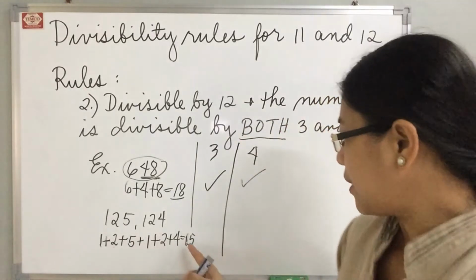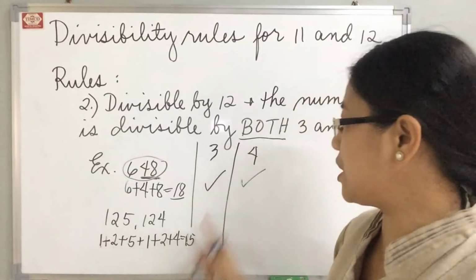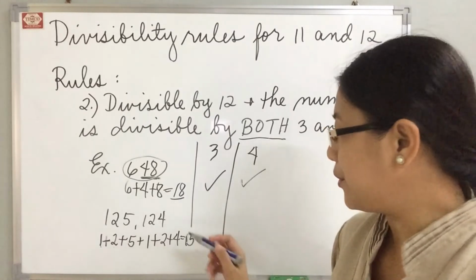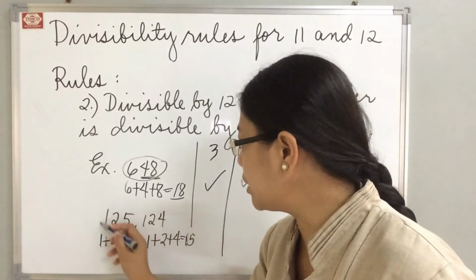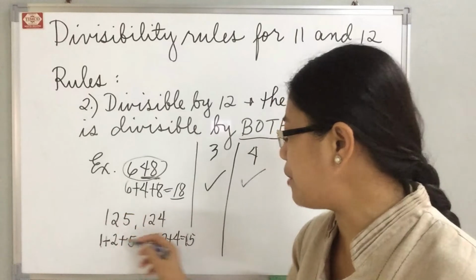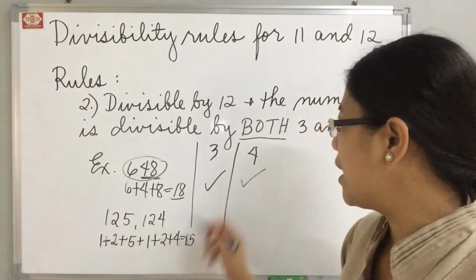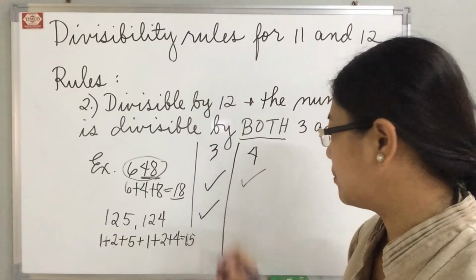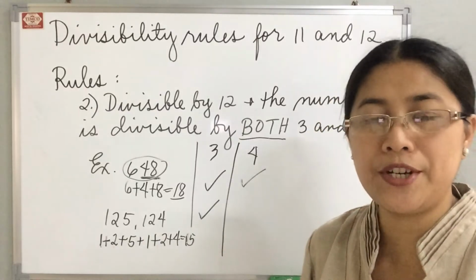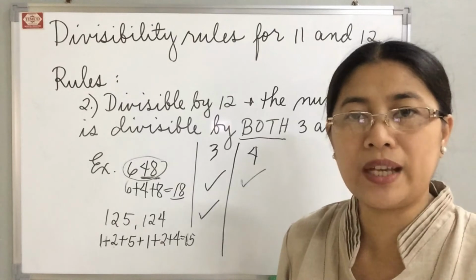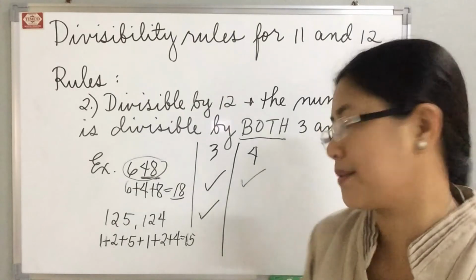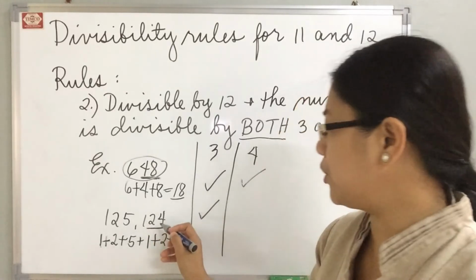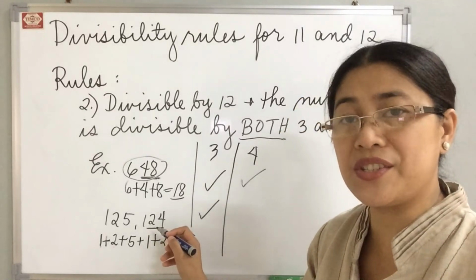So 15. Is 15 divisible by 3? Yes. So, therefore, this whole number, 125,124, is divisible by 3. So, let's put a check. Now, let's go to number 4. Let's look at the last 2 digits. We have 2 and 4. So, the number formed by the last 2 digits is 24.